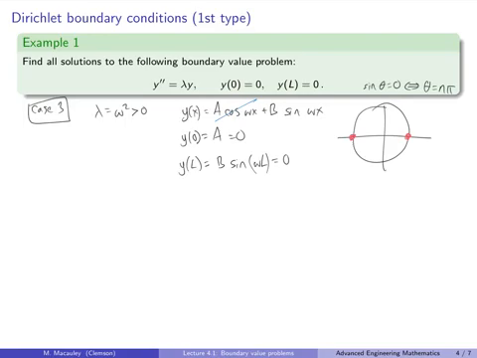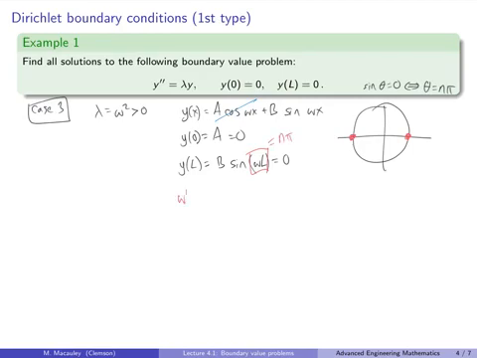So b could be 0, but that just gives us the 0 solution, which we already have, so we want a different solution. So assume b is non-zero, and so if b times sine of this thing equals 0, then that thing has to be equal to n times pi.